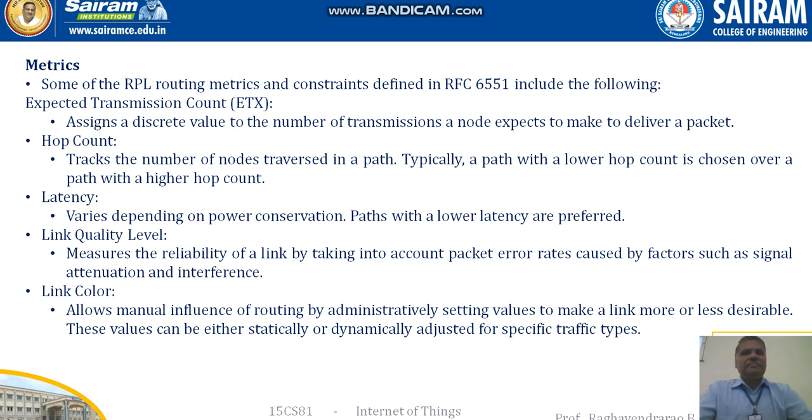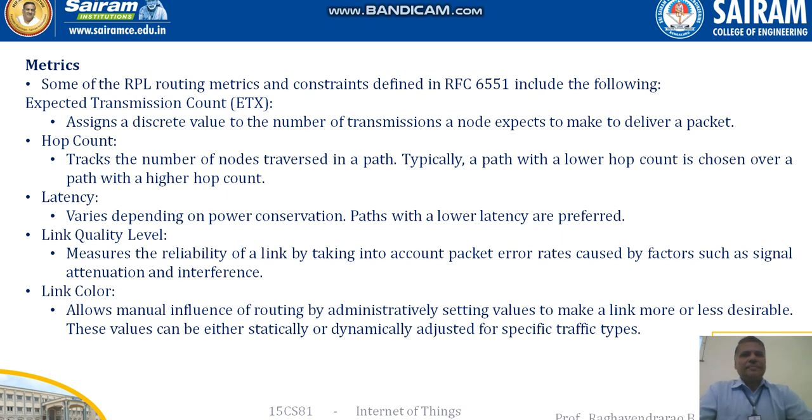Link quality level is another metric. It measures the reliability of a link by taking into account packet error rates caused by factors such as signal attenuation and interference. Some packets are not going to be reached, so the time is going to be taken by that particular count also.